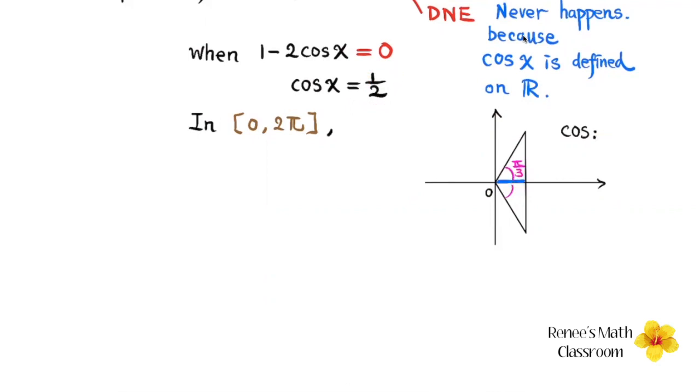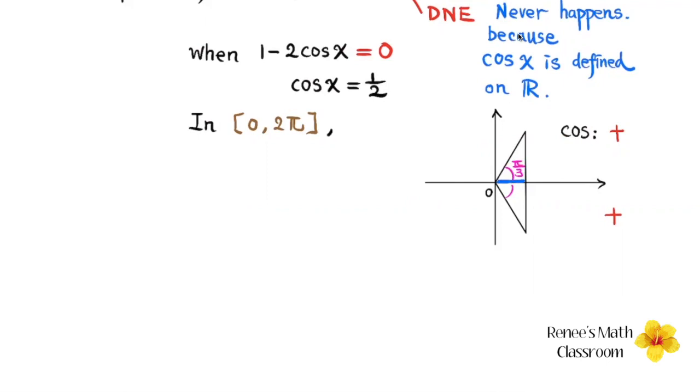Cosine is positive when the angle is in the first quadrant and the fourth quadrant. Because cosine is adjacent over hypotenuse, the adjacent side here is positive in these 2 quadrants. So one of the angles will be this angle, pi over 3.